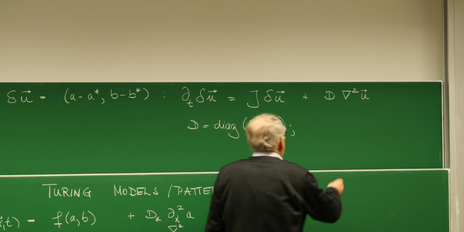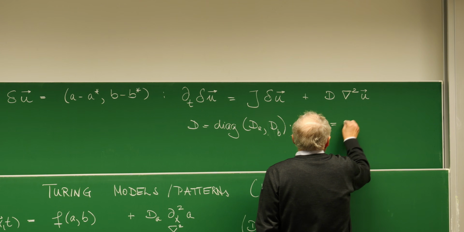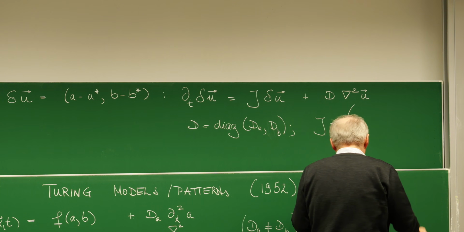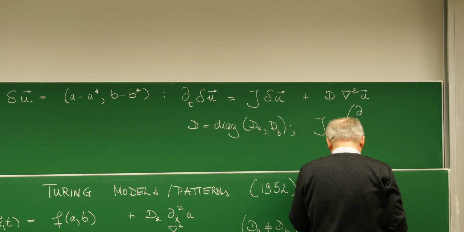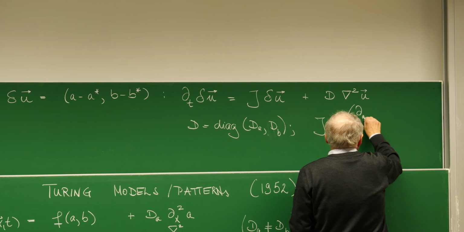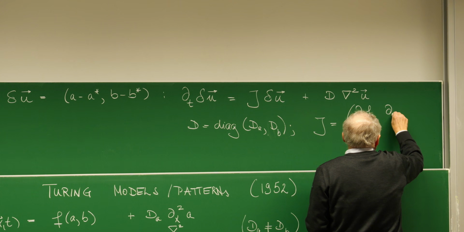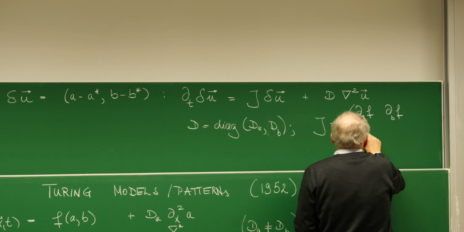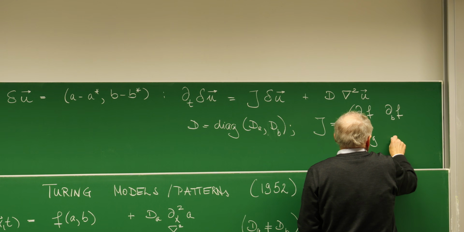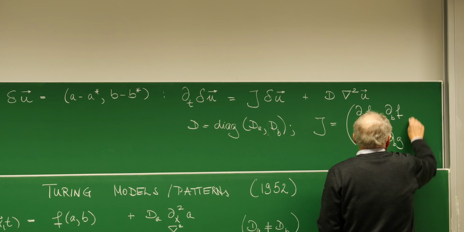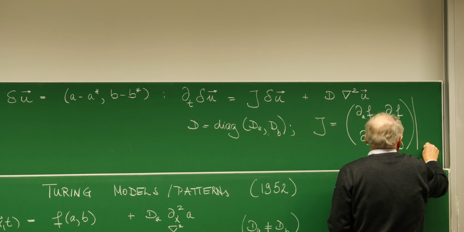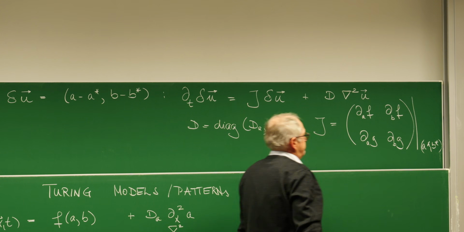And J is the Jacobian, and that's, as you know from our previous analysis, that is dAf, dBf, dAg, dBg, all evaluated at the fixed point.